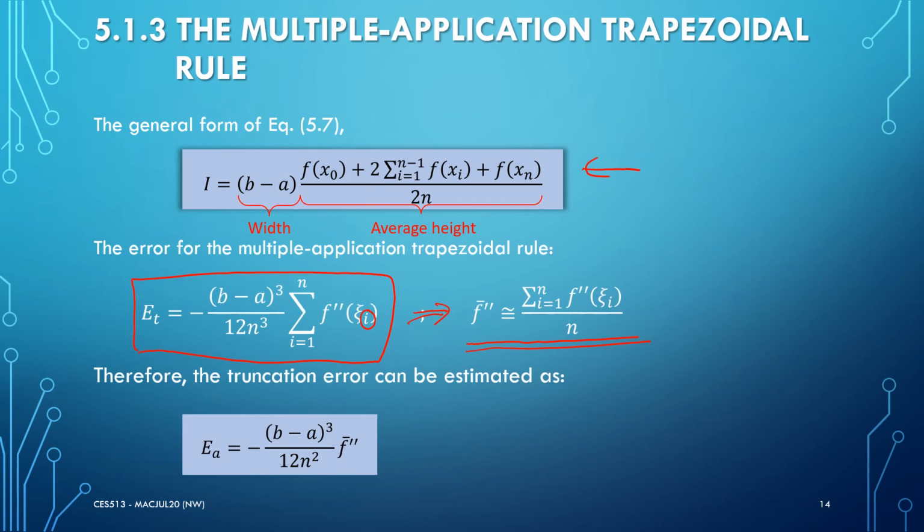Therefore, the error can be written as: EA equals negative (b minus a) to the power of 3 divided by 12n squared, multiplied by the average value of the second derivative over the entire interval. Note that the equation is an approximate error because of the nature of this approximation, so that's why we use EA.